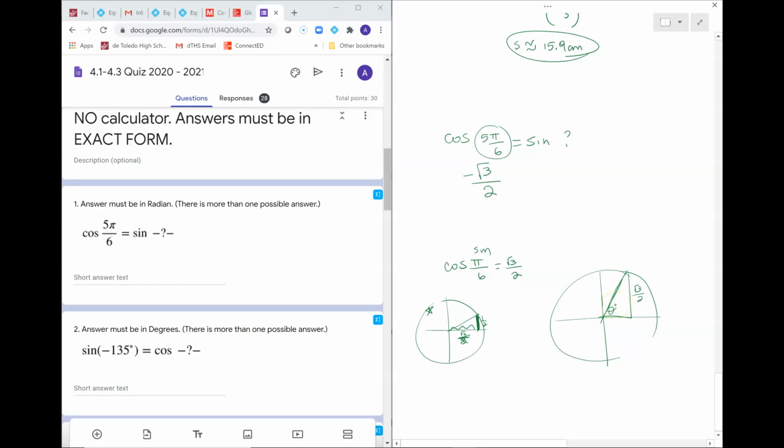So where do I have sine equal to negative? In this quadrant and in this quadrant, right? So if I want the pi over 3's in those quadrants, it's 2 pi over 3, 4 pi over 3, and 5 pi over 3. So those are some of the ones that work here: 4 pi over 3, 5 pi over 3. Okay.